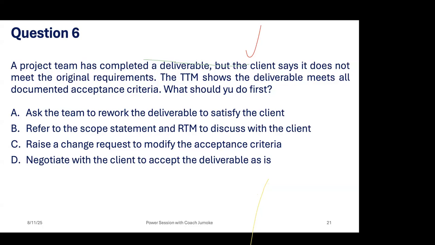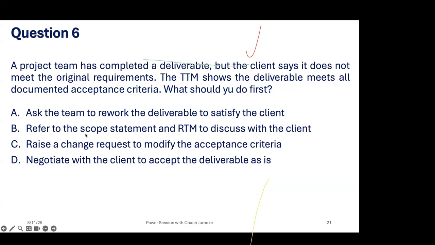So yes, this is what I asked you to do, then you work on it. Now you have worked on it, you have delivered, and the client is saying, no, this is not the original requirement. For you to even say you are investigating, you first need to know if what you did is what the client asked you to do originally.